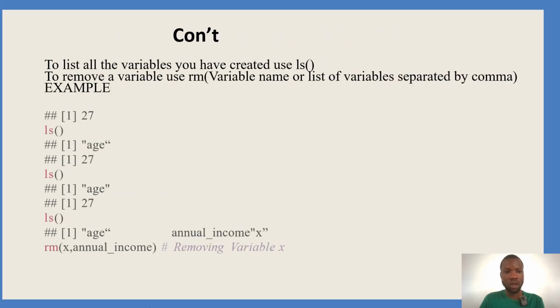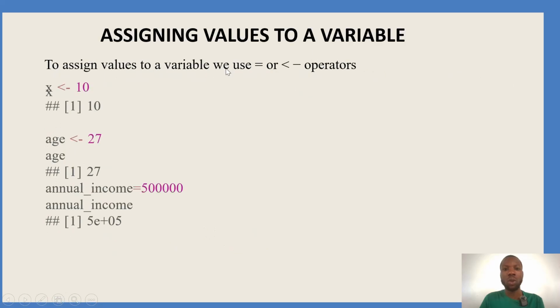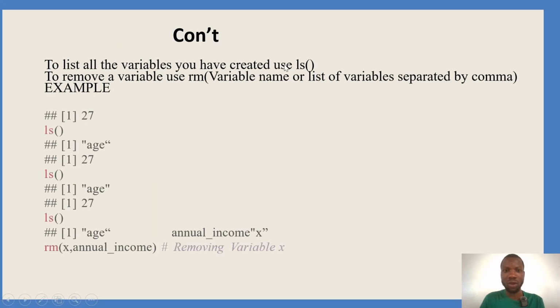Those are also variables. To list all variables you have created in R programming, let's say you have created a lot of objects and you need to see what you have already created, you use ls with open and close brackets. It gives you everything you have created since you started.